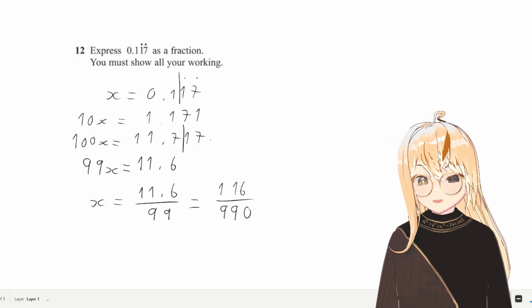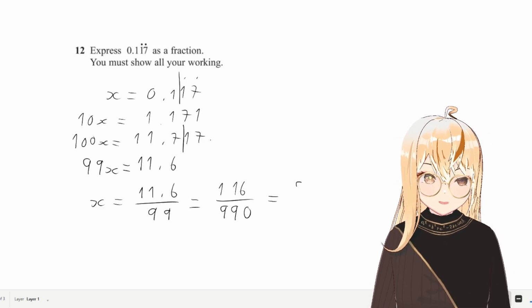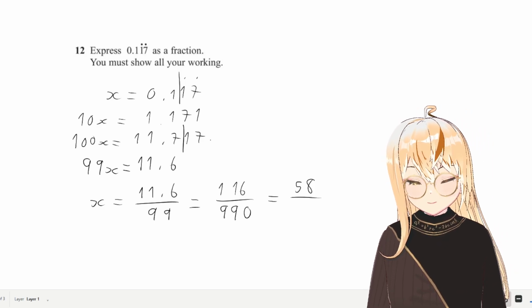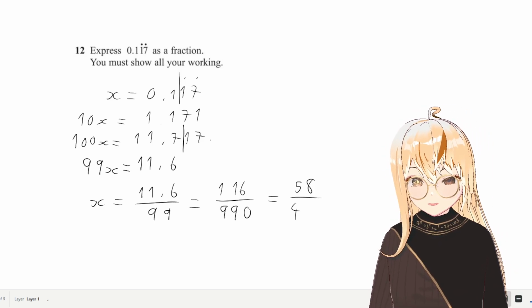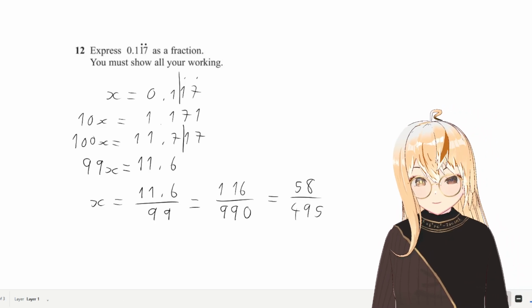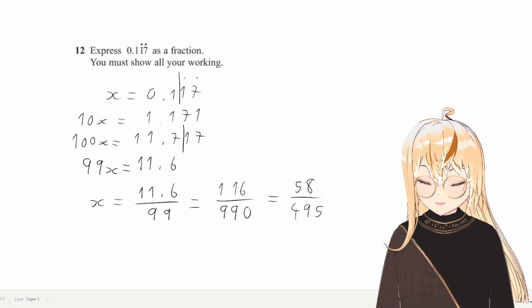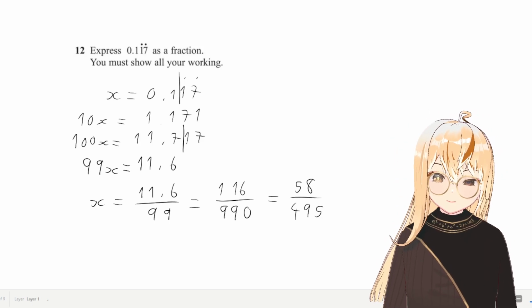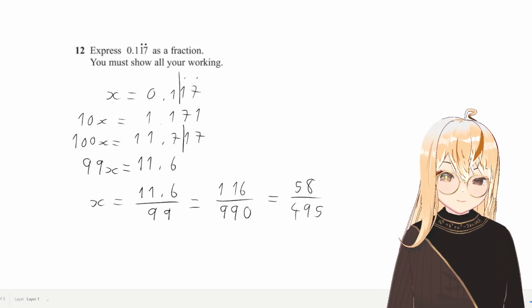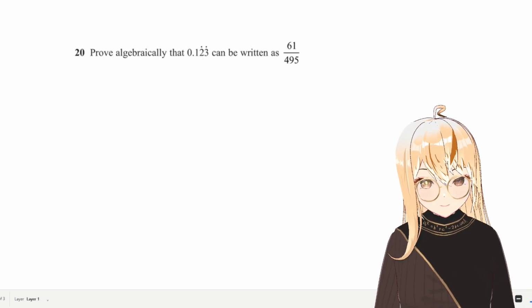Then I can see that they're both even, so we just divide it by 2 to simplify it. 58 over 495, and that should be the right answer. Yeah, I just checked. It says 116 over 990 is right, but of course 58 over 495 is basically the same thing, so yeah. Okay, moving on.